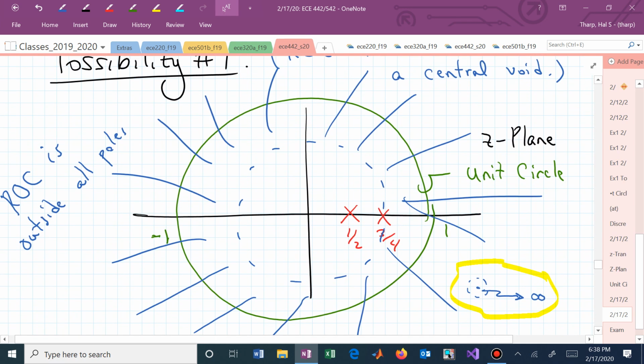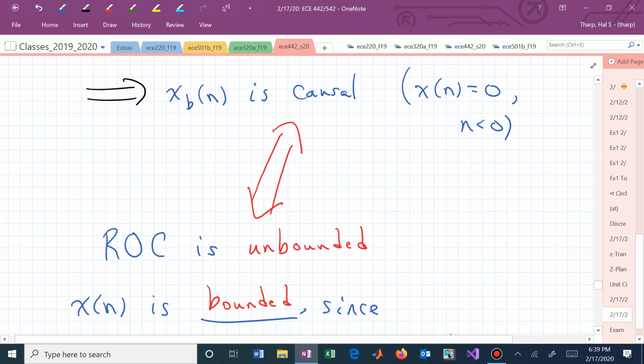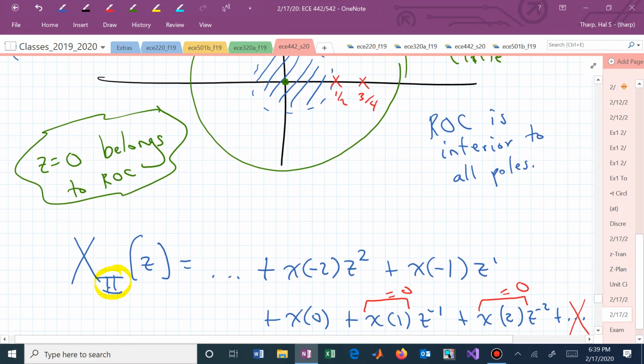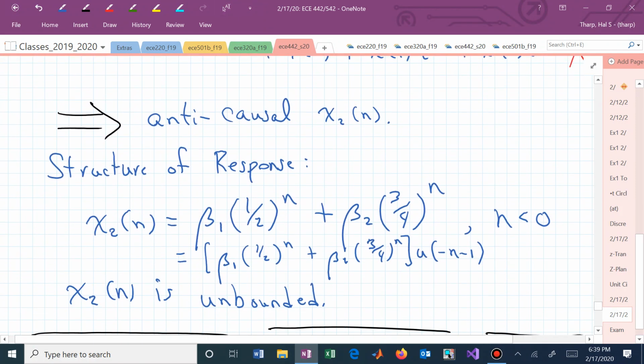Can we have a bounded region of convergence and a bounded sequence in time? Can you draw that? Now. Don't do that. Don't give up. Sketch that. What could you say? You could say, well, the question was, where am I? Possibility 2. Let's do this, except now, why did this misbehave?